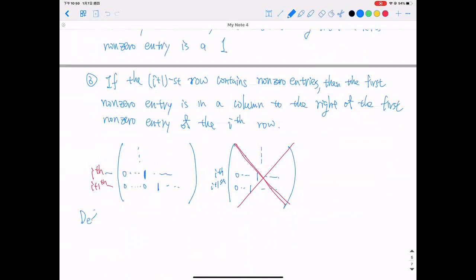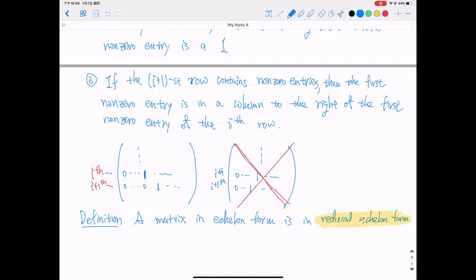Definition: a matrix that's already in echelon form is in reduced echelon form. Okay, reduced echelon form.